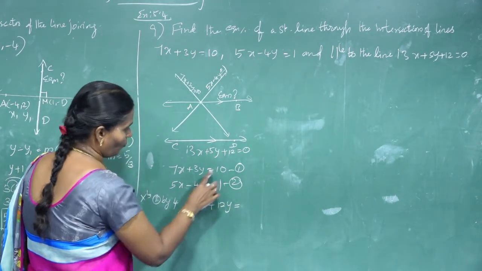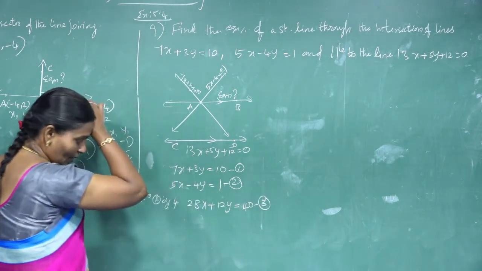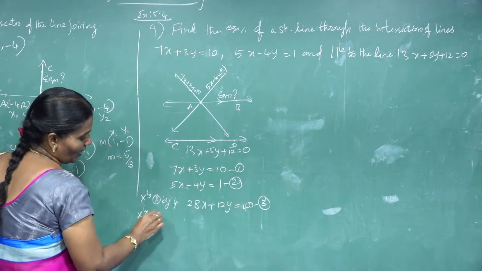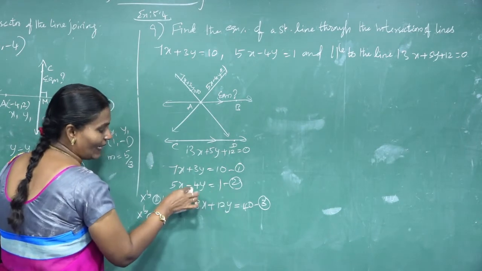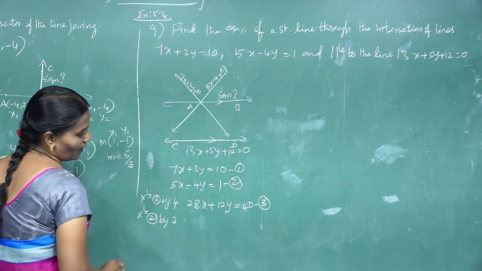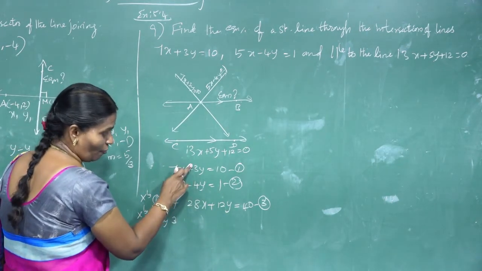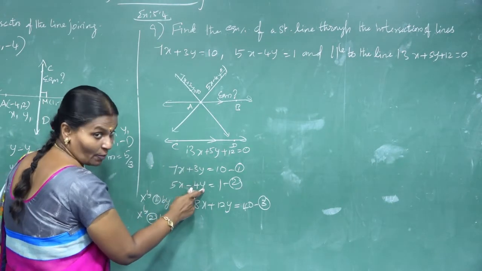That is equal to 4 tens are 40. You consider this equation number 3. Then multiply equation 2 by 3, because 4 threes are 12. Now equate the coefficients. That is why we multiply this equation by 4 and this equation by 3.